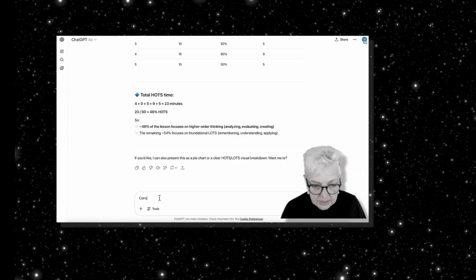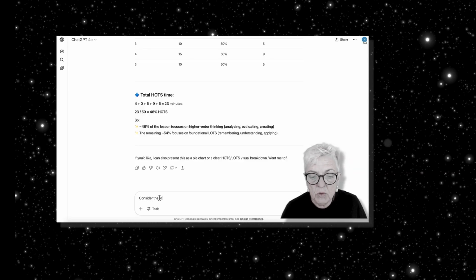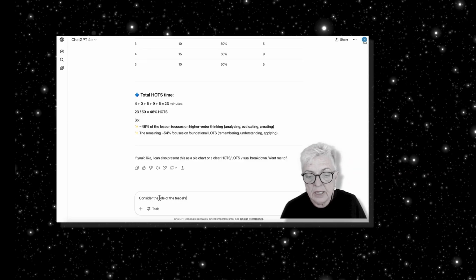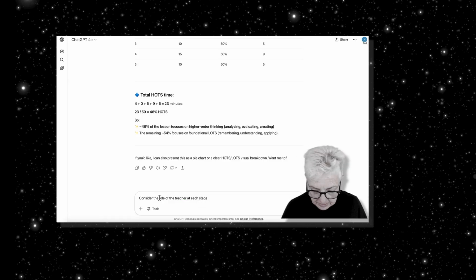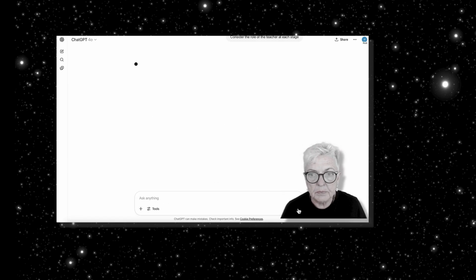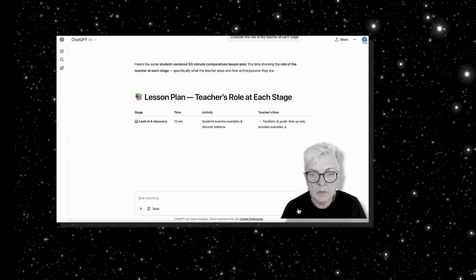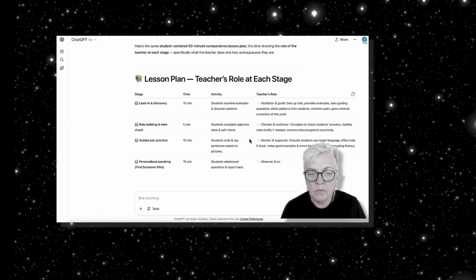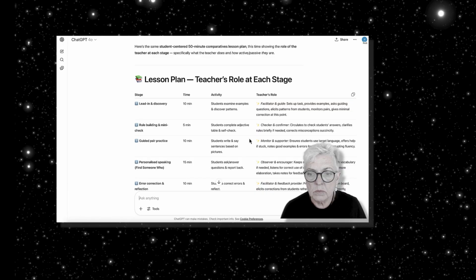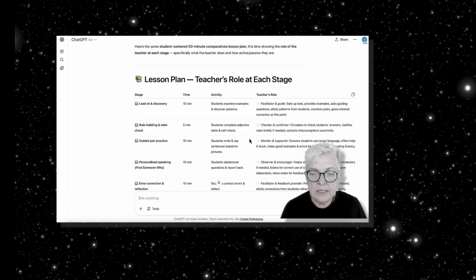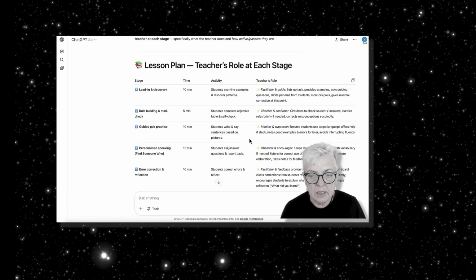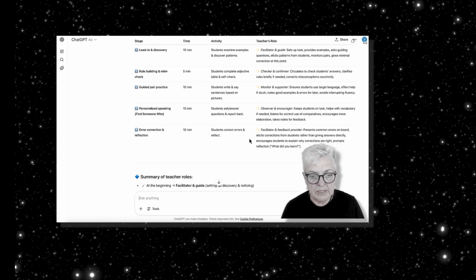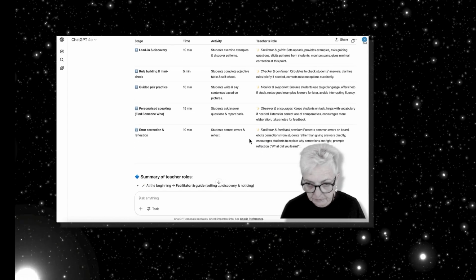Okay, consider the role of the teacher at each stage. Let's see what happens now. Facilitator, guide, checking and confirming, monitor, supporter, observer, encourager, facilitator and feedback.